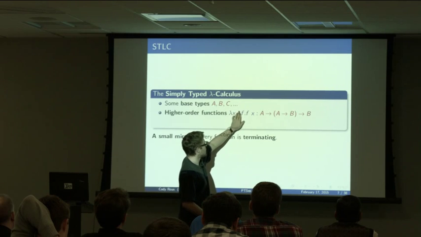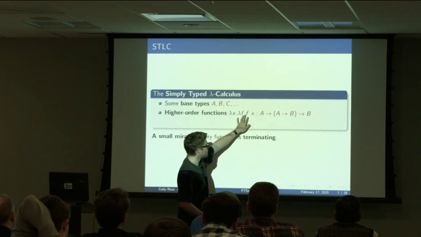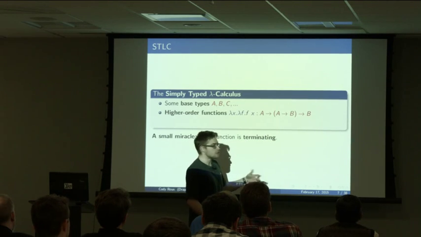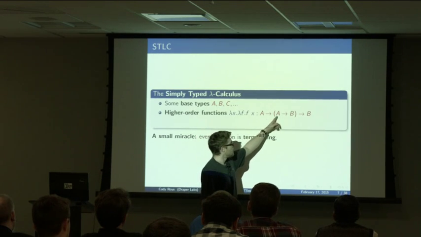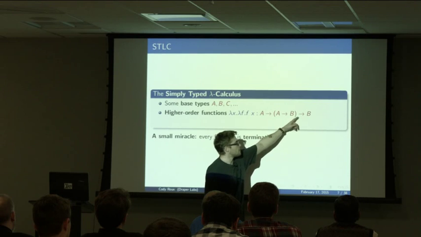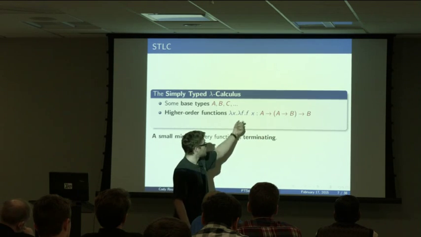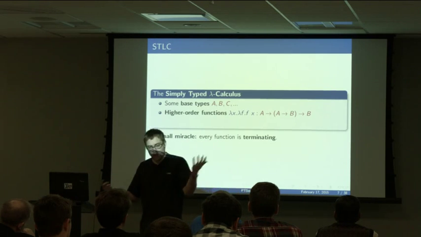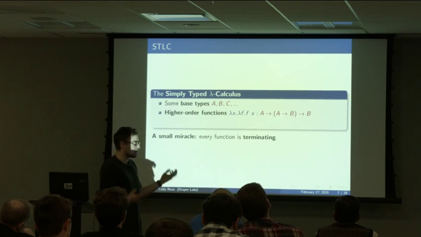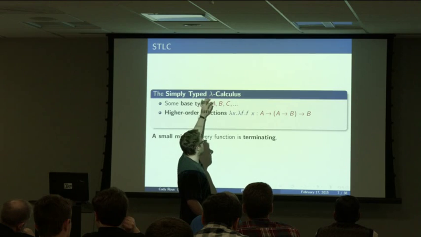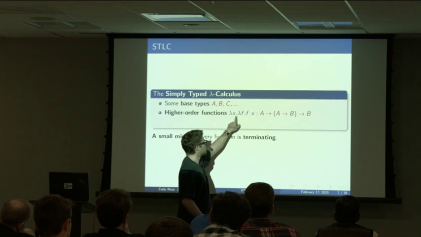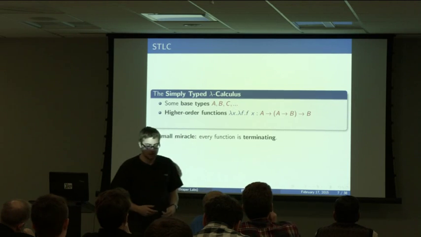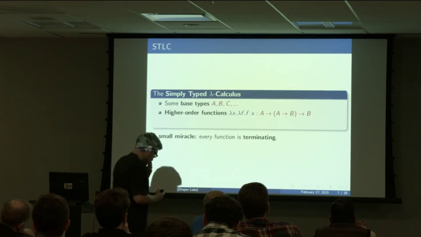Typically, you'd only write one lambda, so it's x f, f applied to x, and this would have some type, which is whatever the type of x is. F takes an x and returns a b, and what you get at the output is a b. And that's all you have in the simply typed lambda calculus. This ability to take these base types and perform these abstractions and these applications, and maybe apply terms to things, and you have a little programming language.